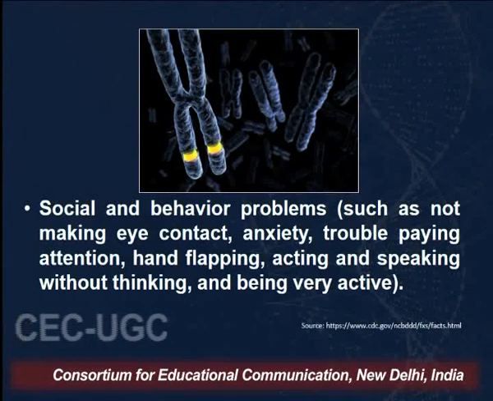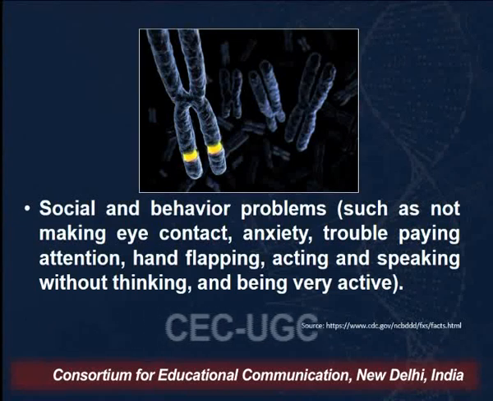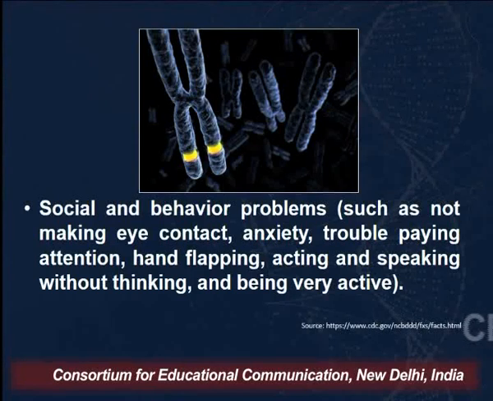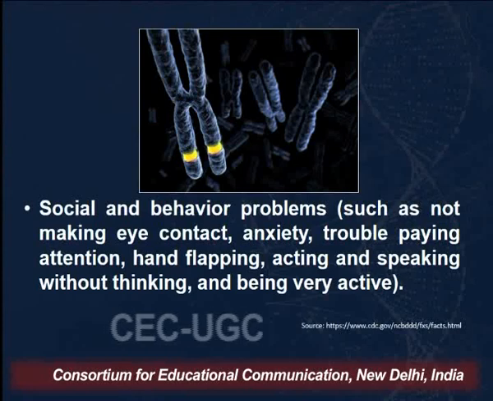If we see the image over here, it shows the Fragile X syndrome gene which is marked over there. We can see there is a change in this particular location which is shown in yellow color.